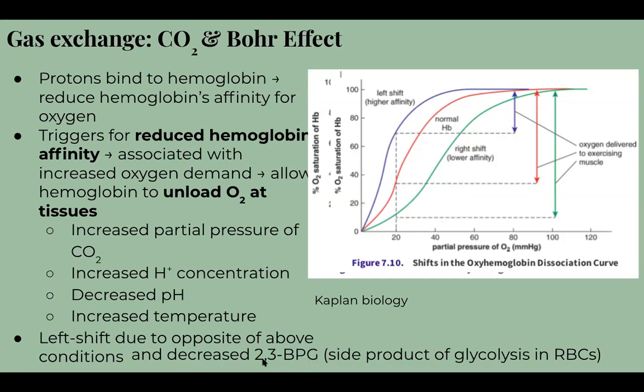This compound is a side product of glycolysis in red blood cells. It comes up in the metabolism chapter a little bit, but you can just know that for the purpose of the circulatory system, decreased concentration of 2,3-BPG is one of the contributors to the left shift of the hemoglobin dissociation curve.